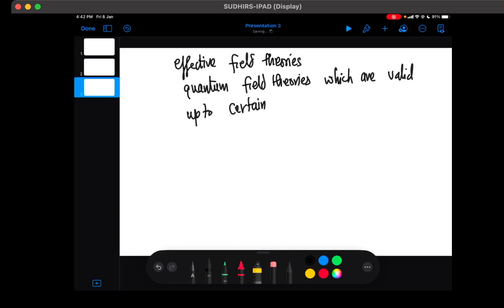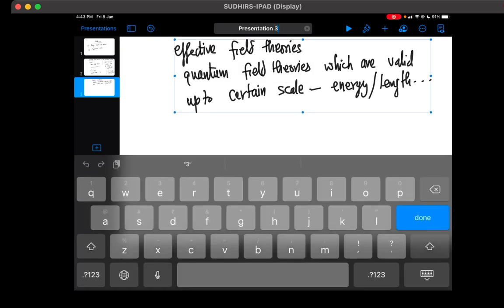This scale could be in energy, or in length, or whatever.